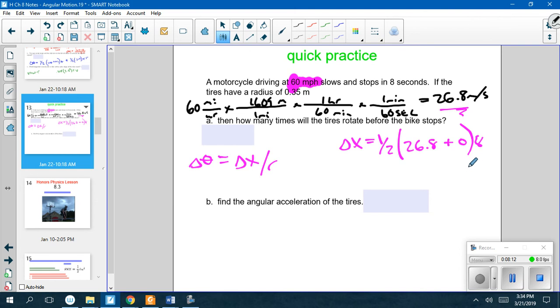Times the time, which is 8 seconds, so our delta x should equal 107.3 meters. And if we divide that by the radius, which is 0.35, we should get how many radians we have.